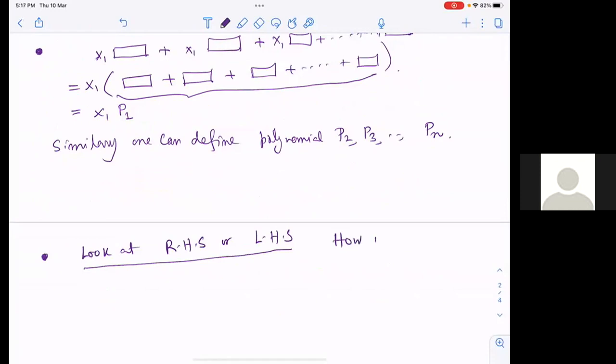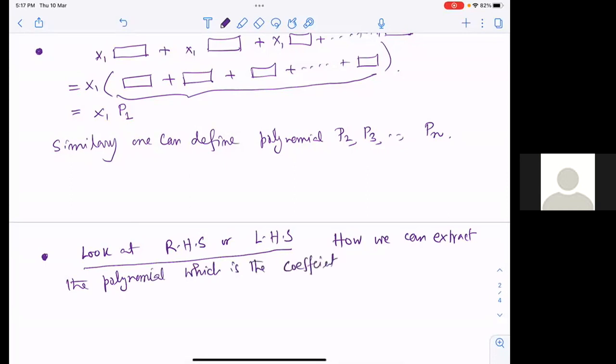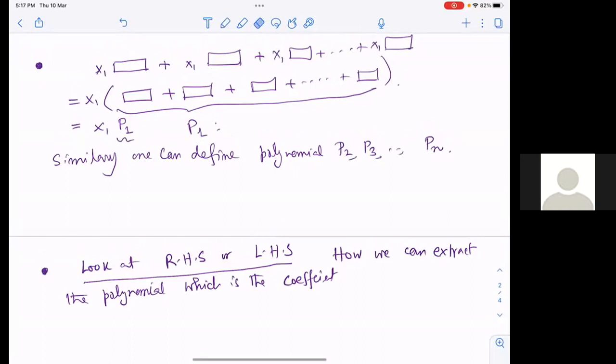How can we extract the polynomial which is the coefficient? These polynomials, I call this polynomial P1. For simplicity, I call it the coefficient polynomial for x1.